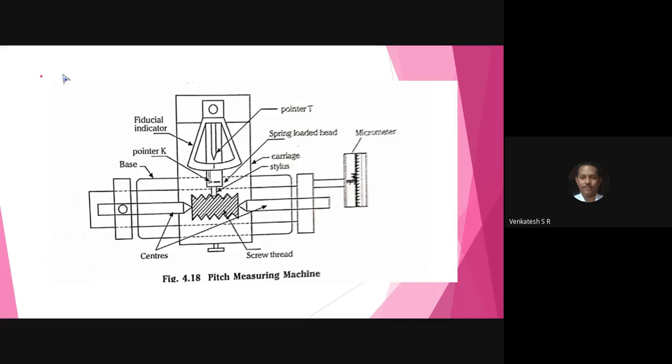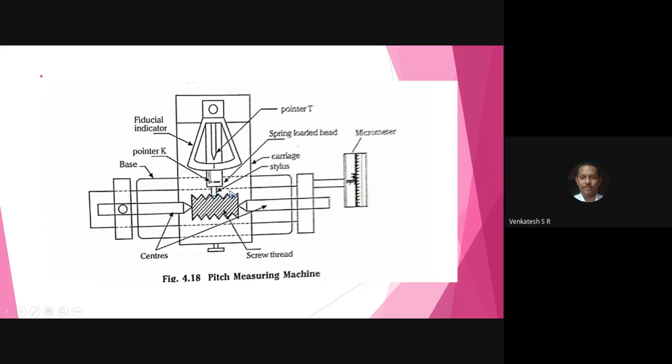How do you measure the pitch? The instrument has two anvils. Keep the thread component in between the two anvils or centers. All of you observe here, this is the screw thread, and in the instrument you have a stylus.